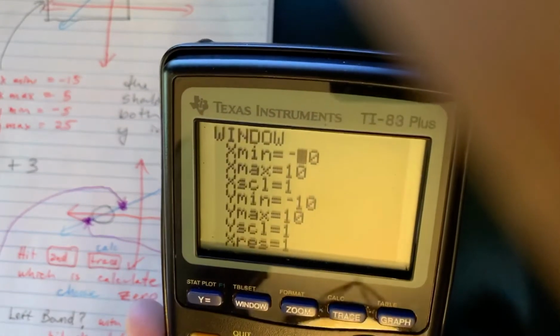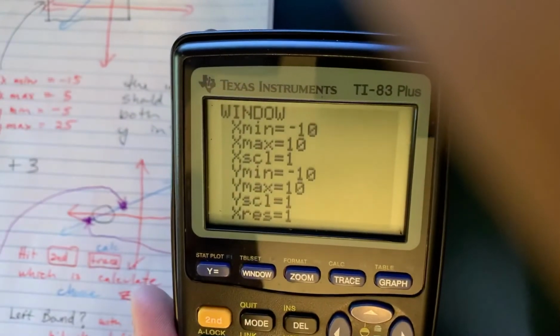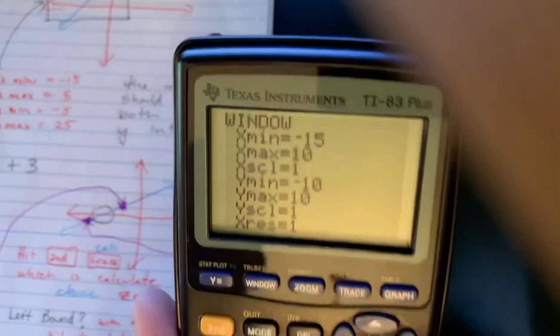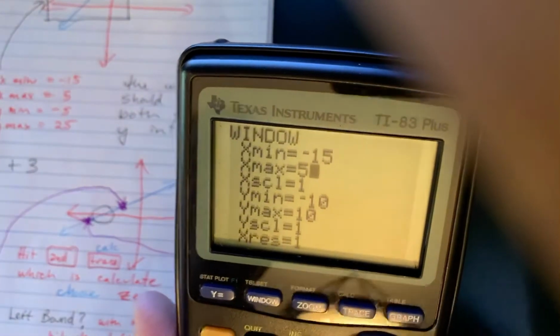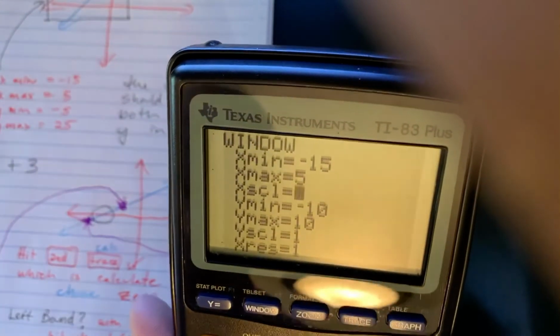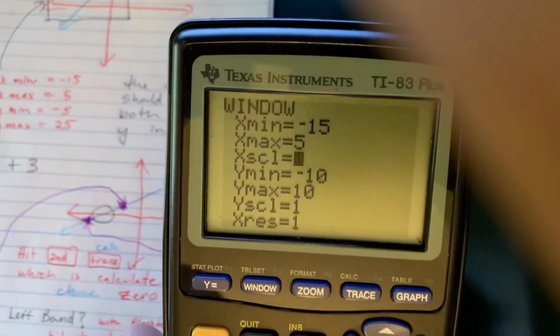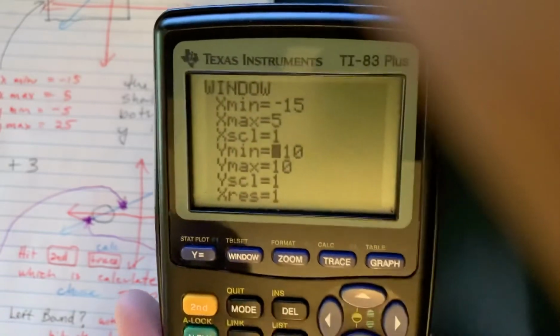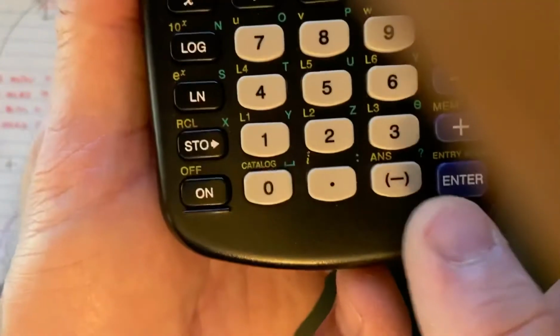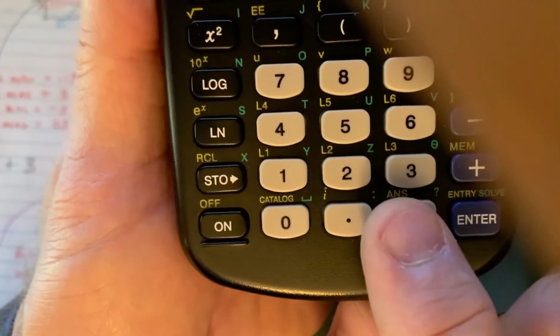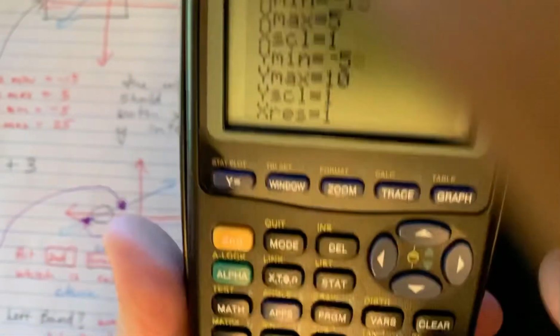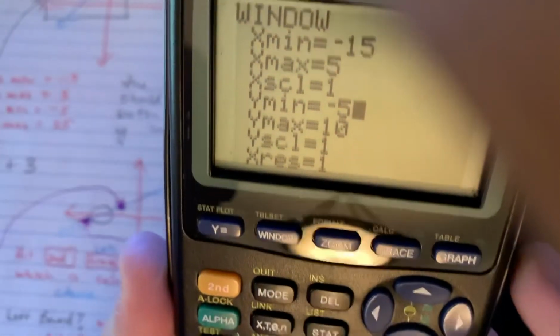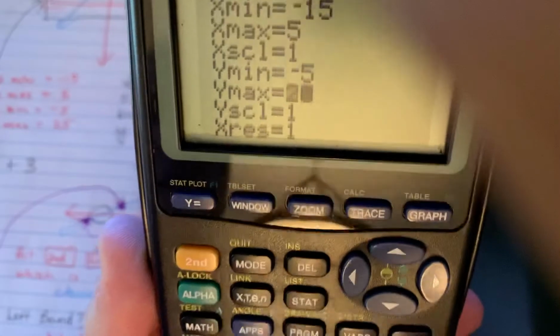So we're going to make that negative 15 and positive 5. Then you have to skip because it says X scale. Just leave that 1. Remember when you're putting it in, use the negative button, not the minus button. So negative 5. All right. And then positive 25.